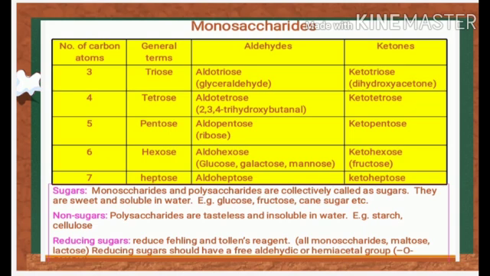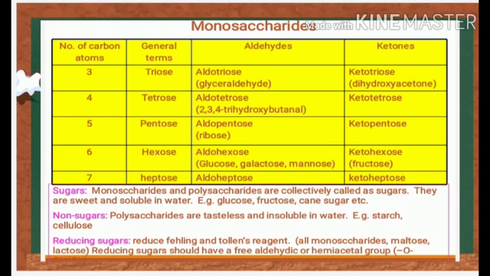For example, an aldopentose means that it is an aldehydic carbohydrate containing 5 carbon atoms. Similarly, ketohexose means a ketone containing 6 carbon atoms.